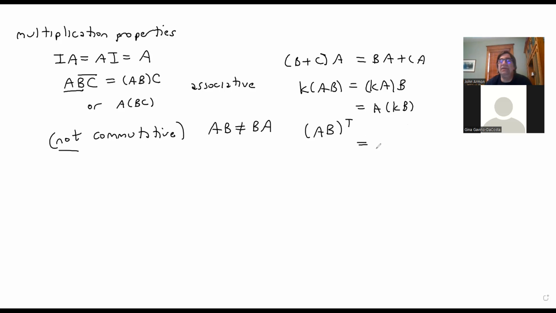Is that going to be the same as the transpose of A multiplied by the transpose of B? Or is it giving something else? So I'm going to leave this as a question mark. To be determined. TBD, to be determined.